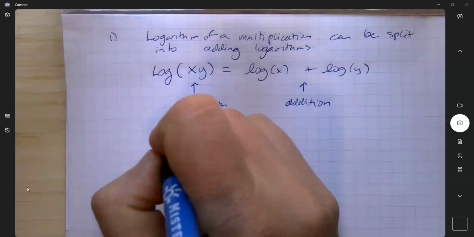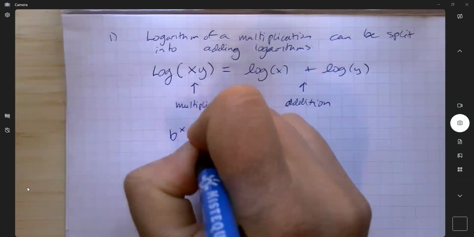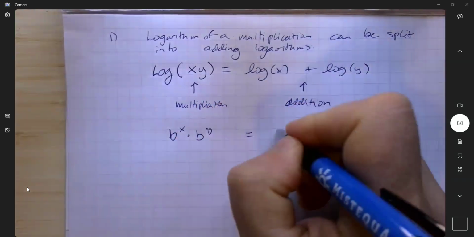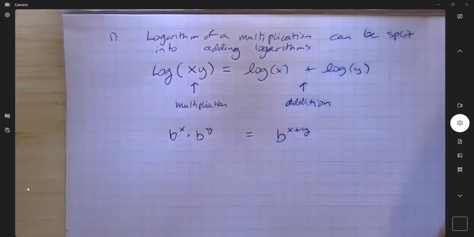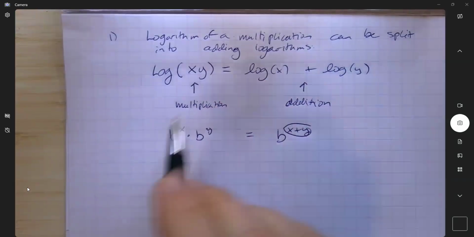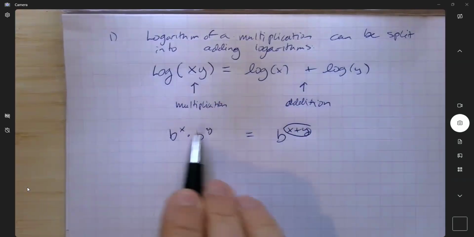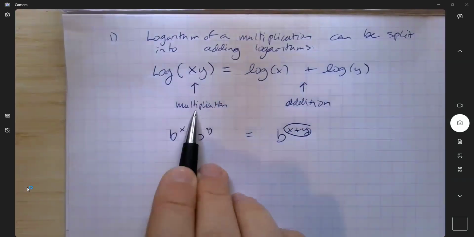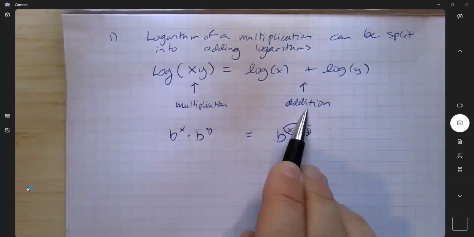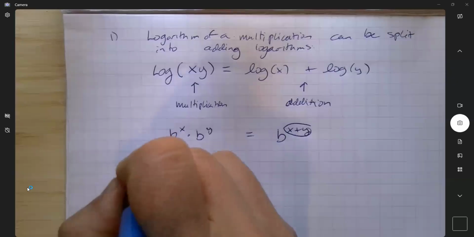And the idea from that comes from the fact that if I have b to the x times b to the y, I can write that as b to the x plus y. Because remember, logarithms are powers. So if I have the same base multiplied with powers, there's our multiplication, I can write that as the base to the addition of the powers.